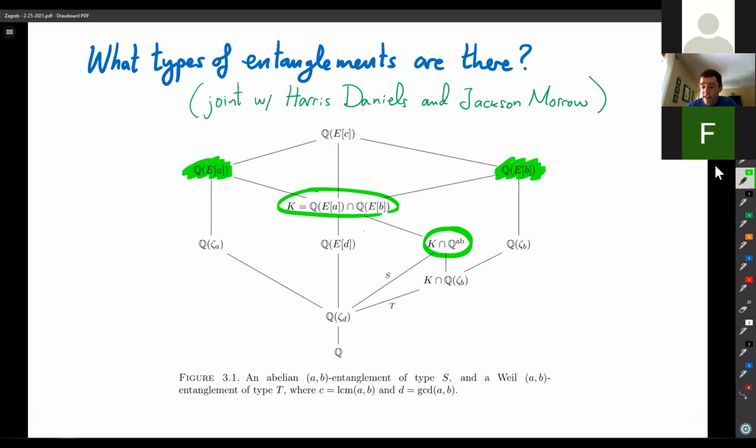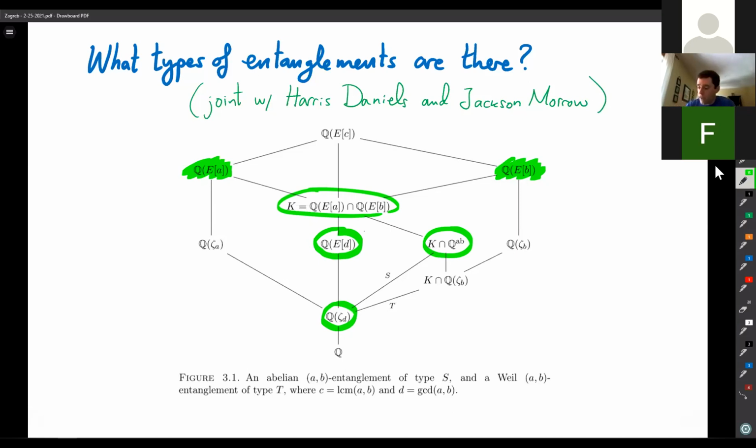And then if that is non-trivial, meaning that, so D here is the GCD of A and B, then certainly the D division field is inside the intersection, and we know that the roots of unity are there, and that's expected, and that doesn't cause any problem. That's not an entanglement. That is as it's supposed to be.